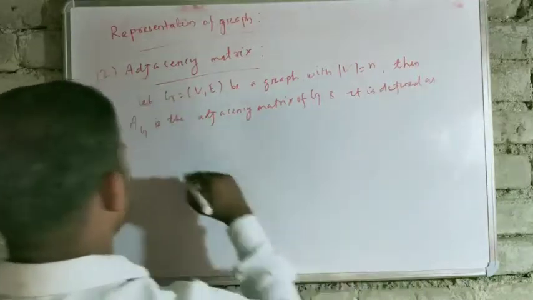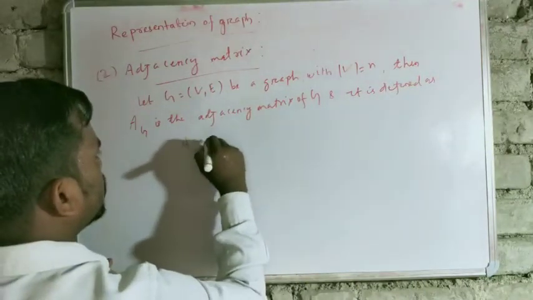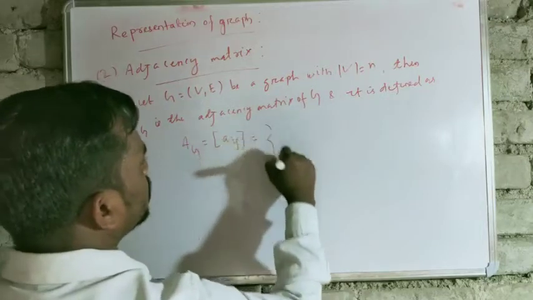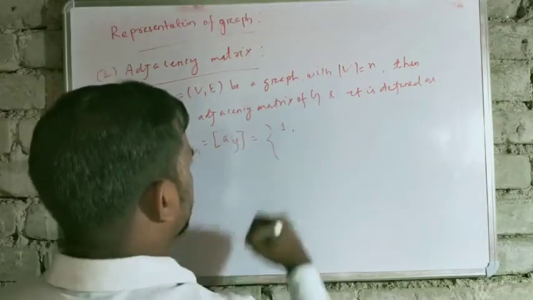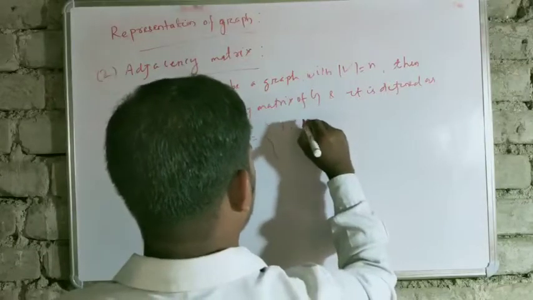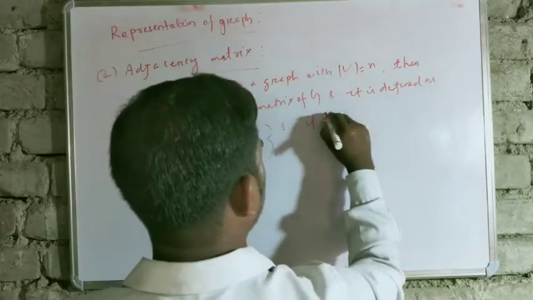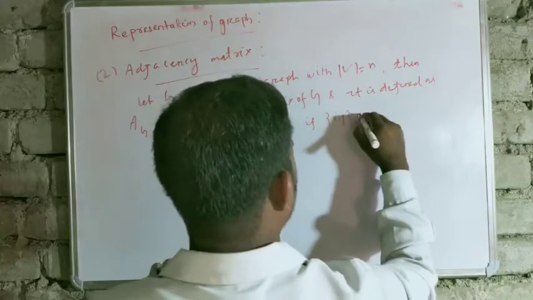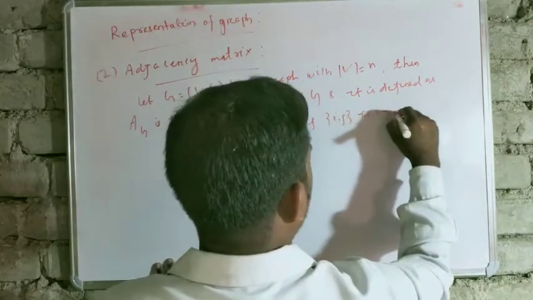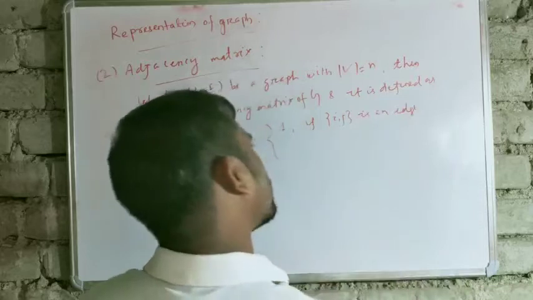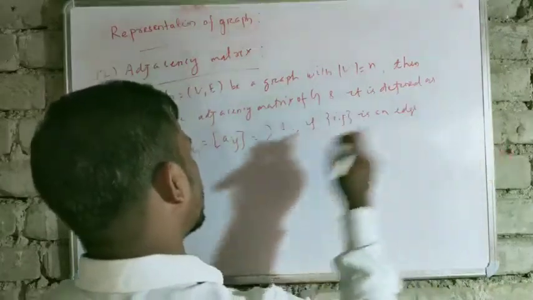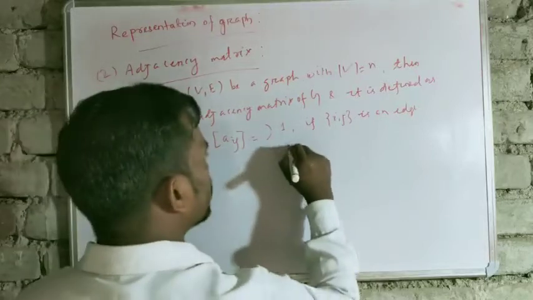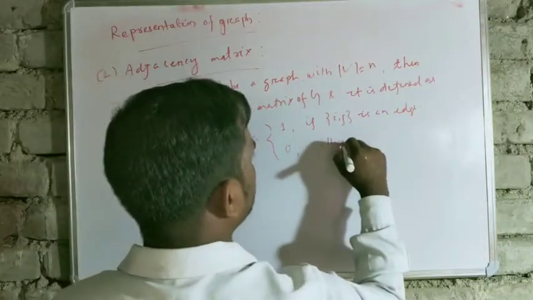It is defined as A_G equal to the matrix A_ij, where its entry is 1 if ij is an edge. If ij is an edge, then the ijth entry of that matrix is 1, and it is 0 otherwise.